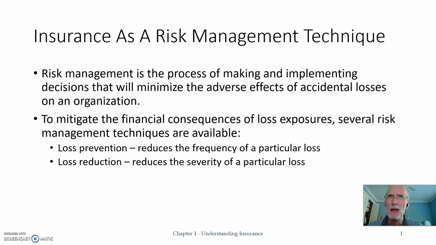The adverse effects of accidental losses is a weighty sounding description. Basically, what risk management attempts to do is put your affairs in such a way that losses are the least likely to occur. And then if they do occur, they'll be as small as possible. So those are sort of the two things you can do in risk management.